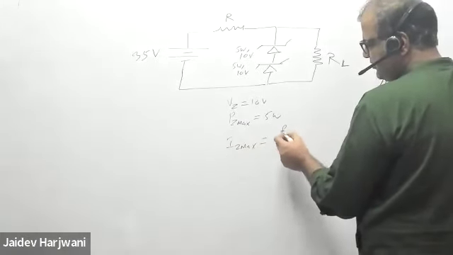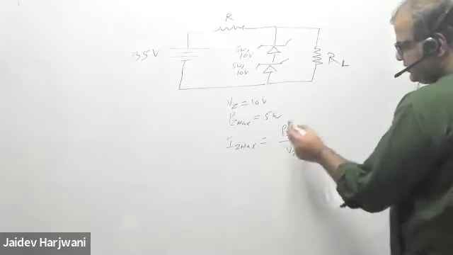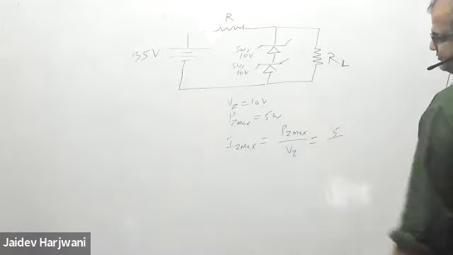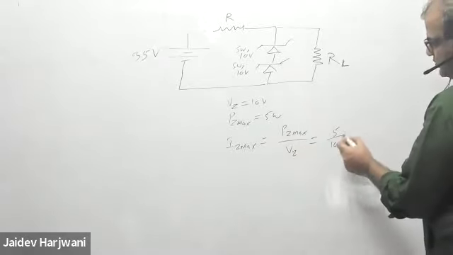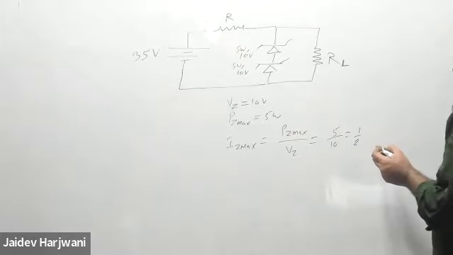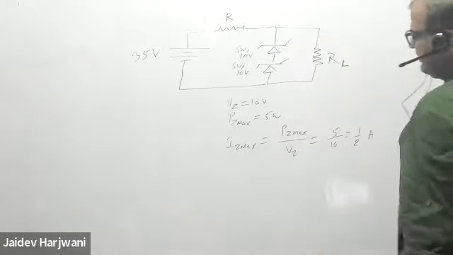IZ max will be PZ max divided by VZ. So this will be 5 watt divided by 10 volt, which becomes 0.5 ampere.